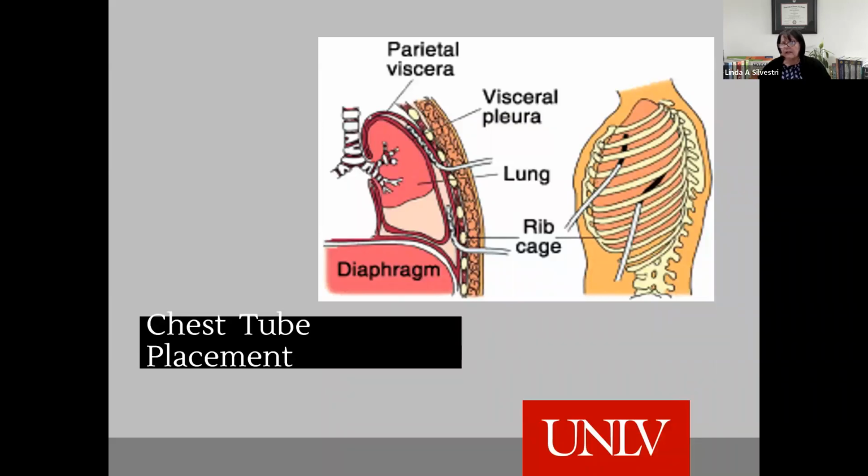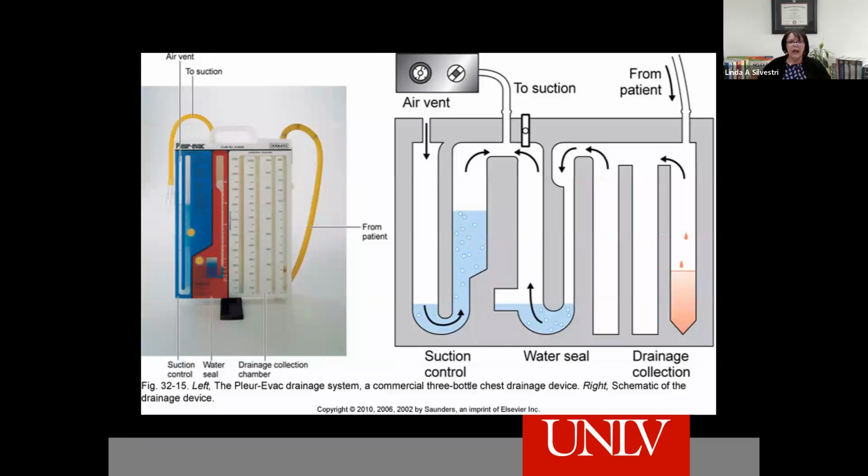So let's see. I think on the next slide, we have a picture. Usually the patient will have a 3-chamber chest tube drainage system. There are 3 chambers: a suction control chamber, a water seal chamber, and a drainage collection chamber. Let's just talk quickly about each chamber, and again, I know Lisa talked a little bit about this yesterday.